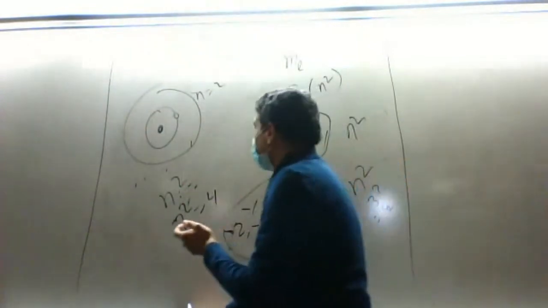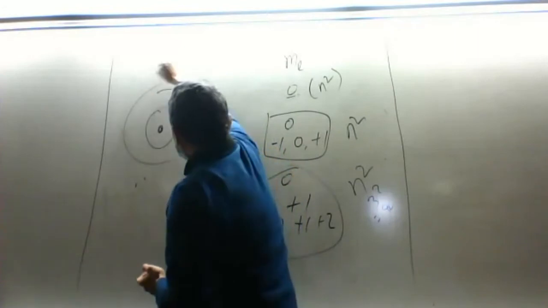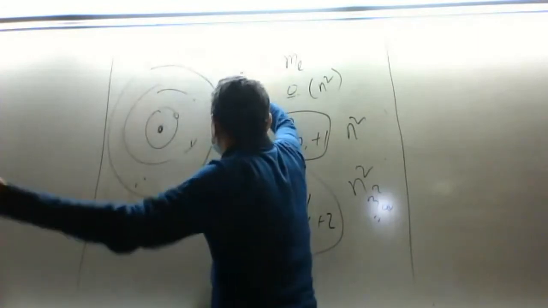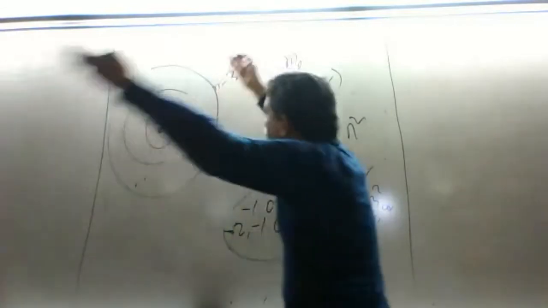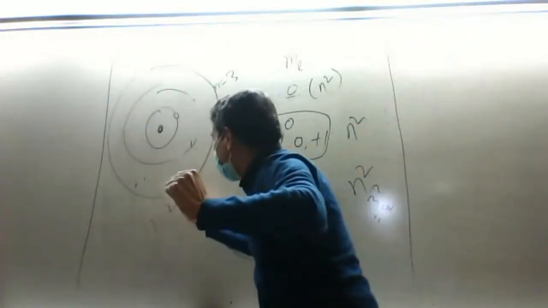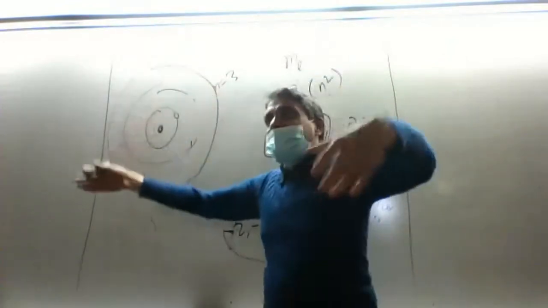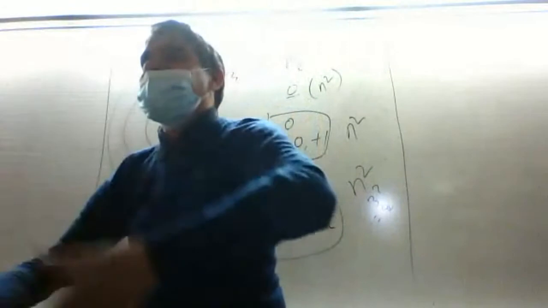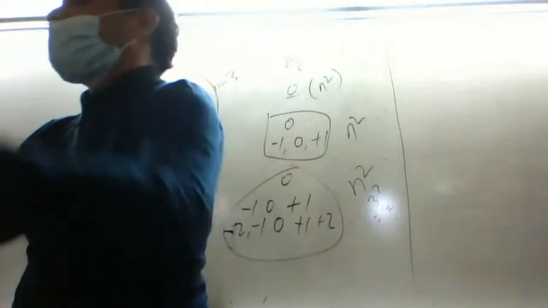Now, if I go to n equal to 3, the third orbit here, I have a big sheet. How many sheets can I divide that third orbit into? n squared is 3 squared is 9. So I can cut this third orbit into 9 tiny sheets, and I can give them to 9 people to sit there, people being the electrons.